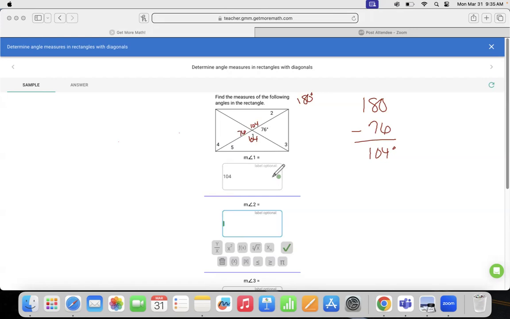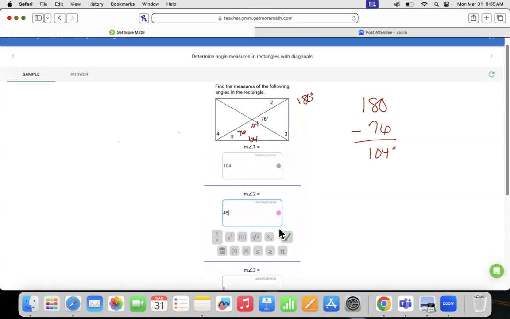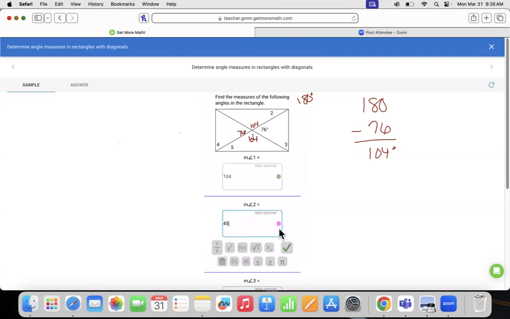Without any other information, I'm going to go ahead and give that a shot. 45 and 45, right? If this is an angle bisector, it's cutting it in half, gets me 90. Okay, that's wrong. So rationalizing it that way, not going to work out. Okay. So let's see what other information it wants. 2, 3, 4, and 5. All right. So this is the only information it gives us.